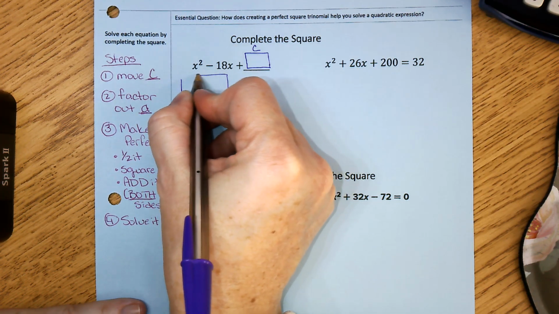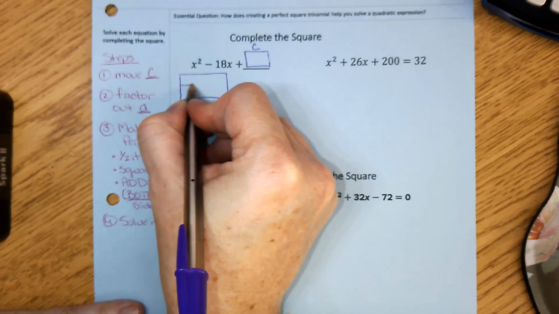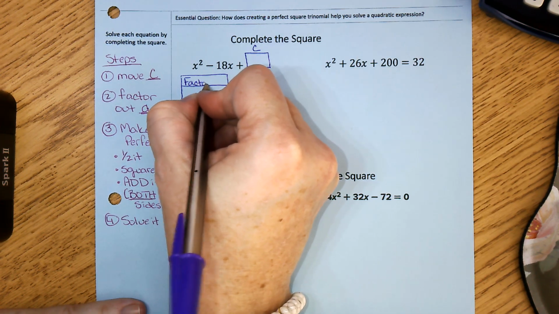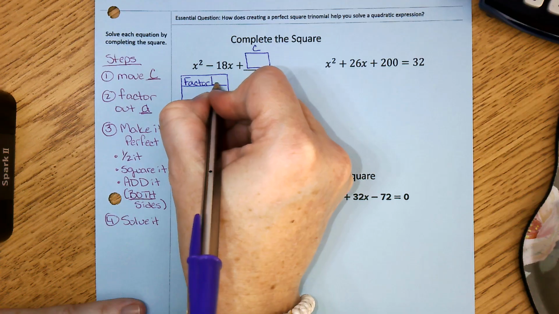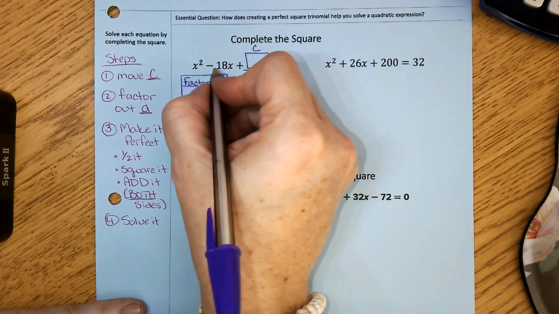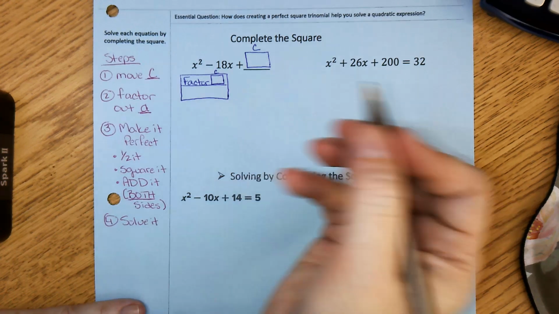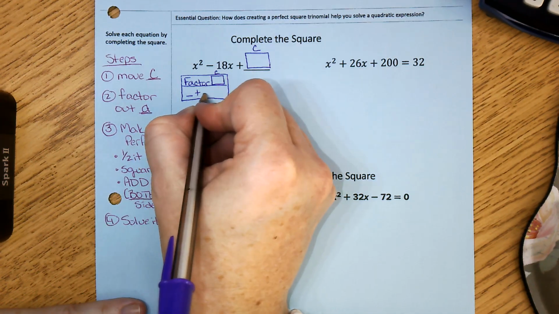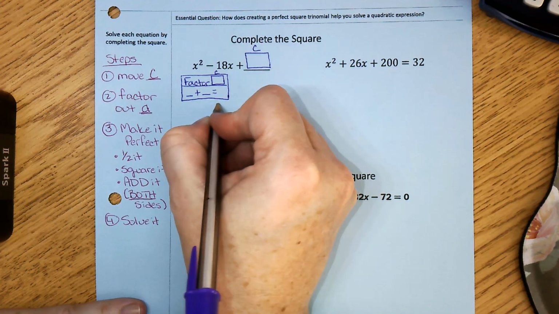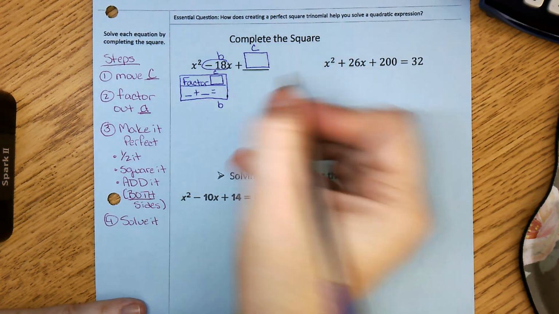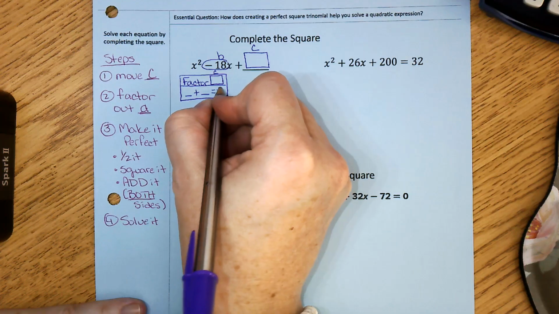So we have our factor rectangle. We're going to factor some number, put it in that box and then in that box. That's our C. Well, remember when we factored, we got 2 numbers that when we added those together, they equaled B. Well, negative 18 is my B, so negative 18.